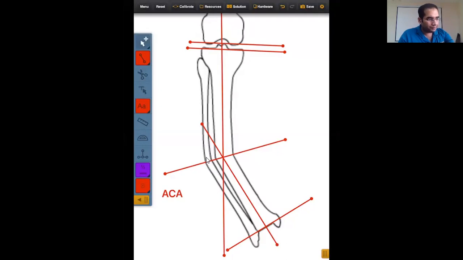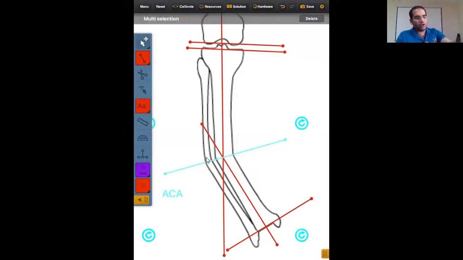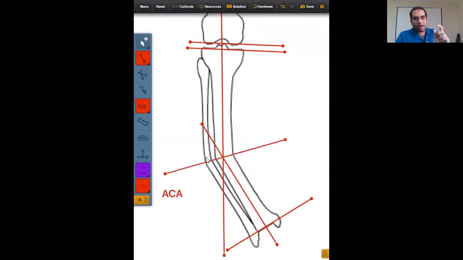So the rules of osteotomy tell us where we need to do the osteotomy and where we want to rotate, where we want to place the hinge of our correction. As you can see, there is going to be a rotatory movement now, and all rotatory movements occur on a fixed hinge.